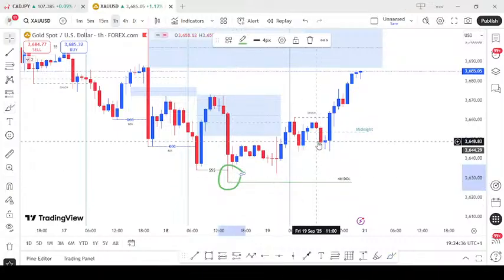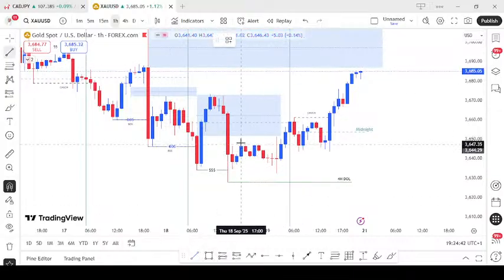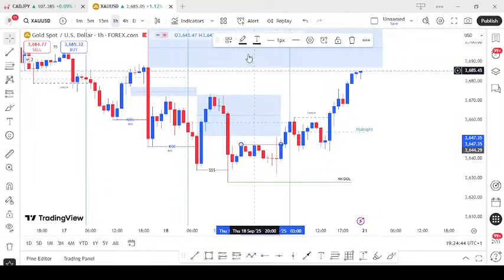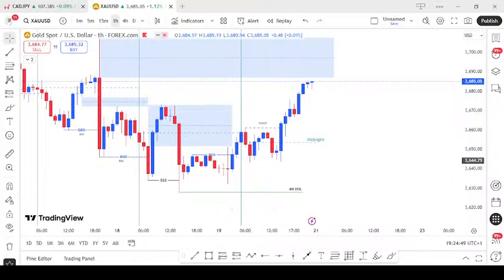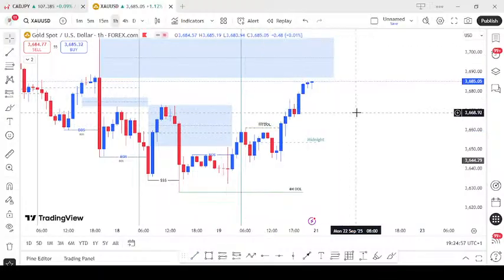That's where the analysis starts. So here was liquidated, then price came and broke structure here to the upside. I'll now see this place as my next 1 hour draw on liquidity.